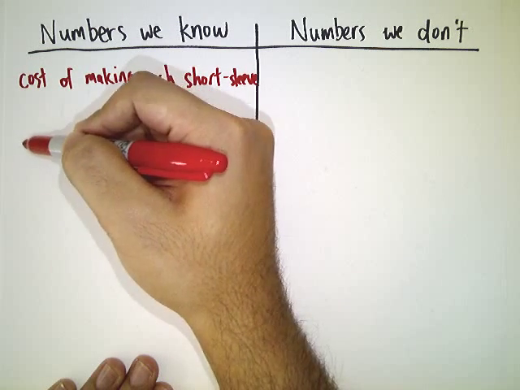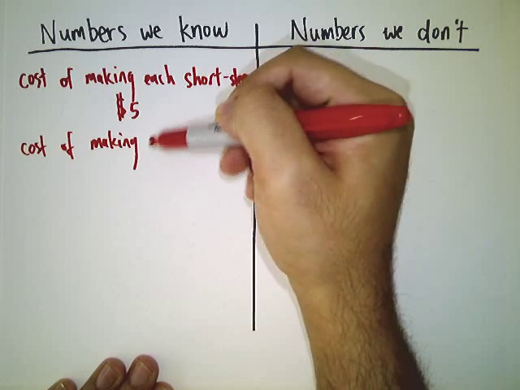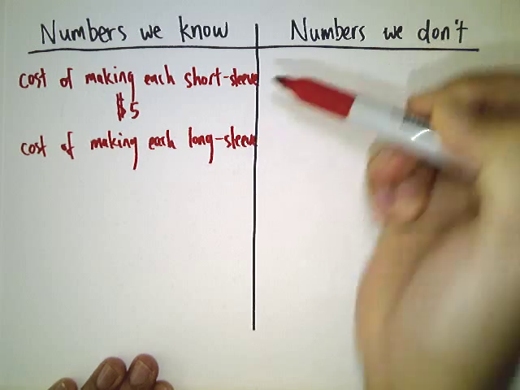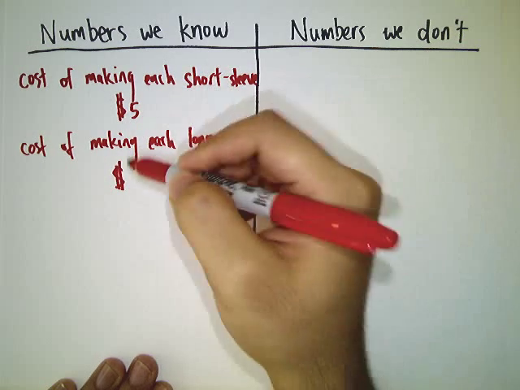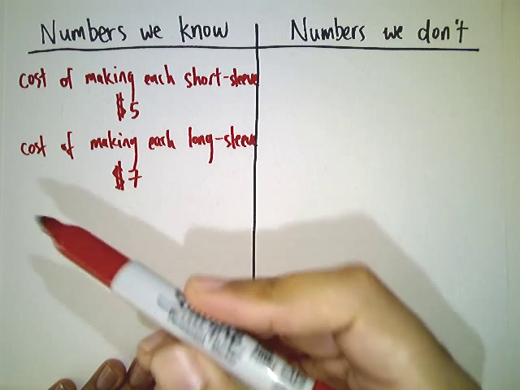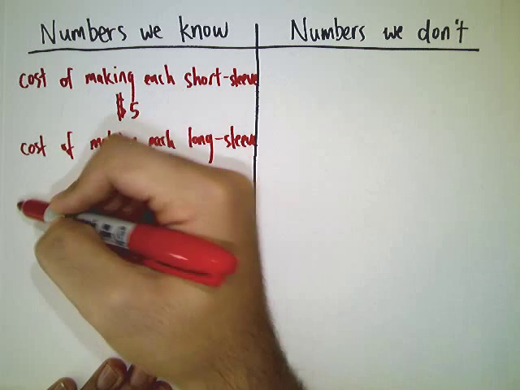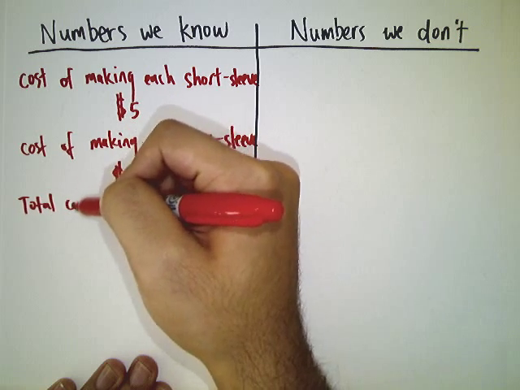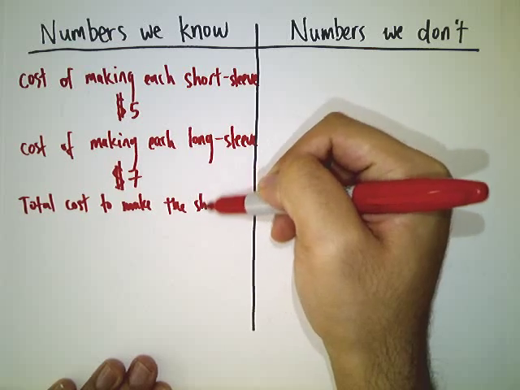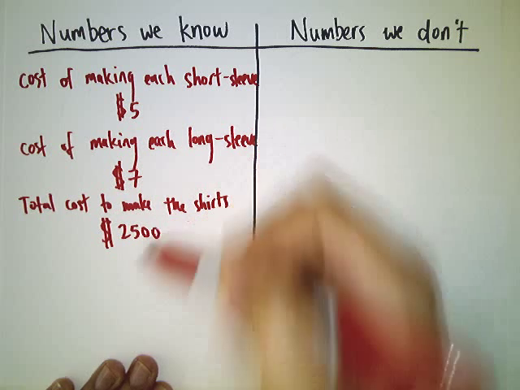We were given also the cost of making each long sleeve, and if you recall, that was $7 each to make. We were also told the total amount of money that the school spent to make the t-shirts. So we'll say the total cost to make the shirts was $2,500.